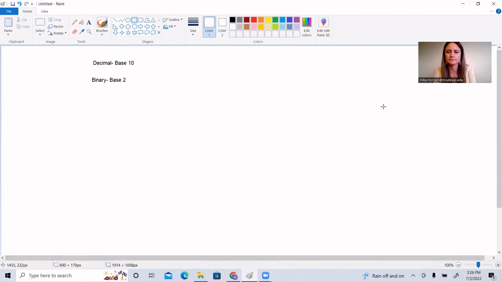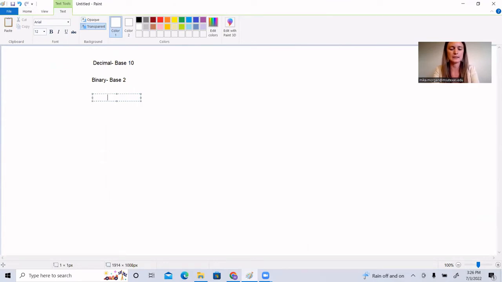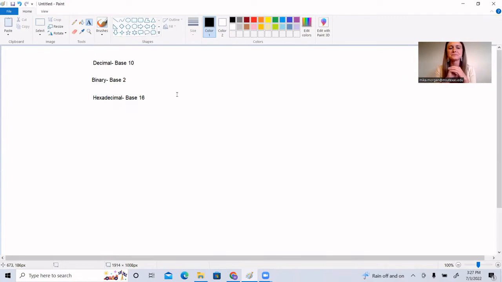And then we'll type here, the final one is hexadecimal, which is base 16. Much better. So if you think, decimal is base 10, hexadecimal base 16.